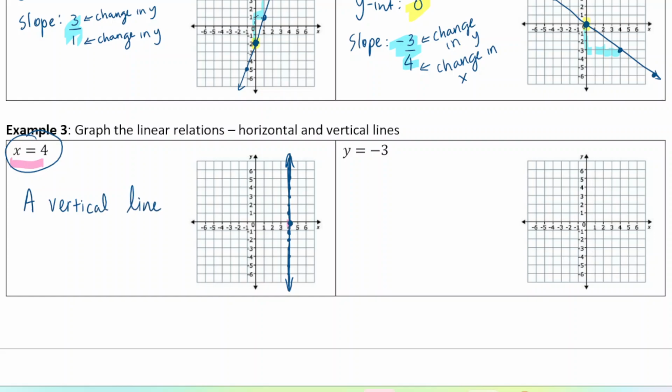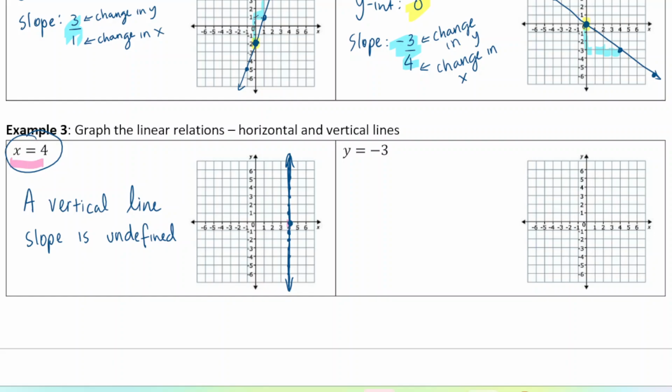For vertical lines, the slope is actually undefined. The reason for that is because normally you do change in y over change in x. Oh, I'm just noticing a typo I made on here. I put change in y. The change in x here is 0, so if you're dividing by 0, it's an undefined value.